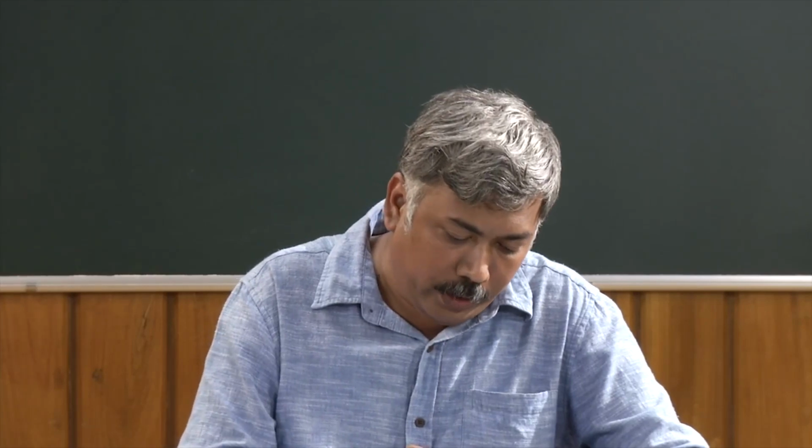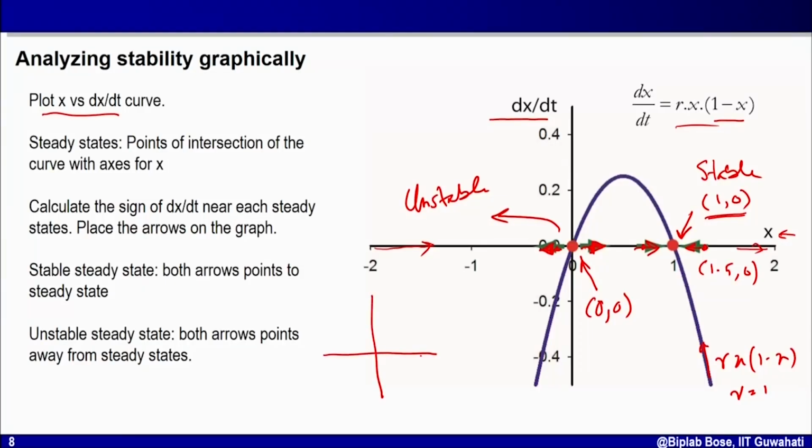This method of graphical representation is good because by the number of intersection points, I can easily identify how many possible steady states are there. Suppose I have an ordinary differential equation, dx/dt is a function of x, and if I plot dx/dt in the vertical axis and x in the horizontal axis, and suppose the function is like this, that means I have 1, 2, 3, 4 intersection points.